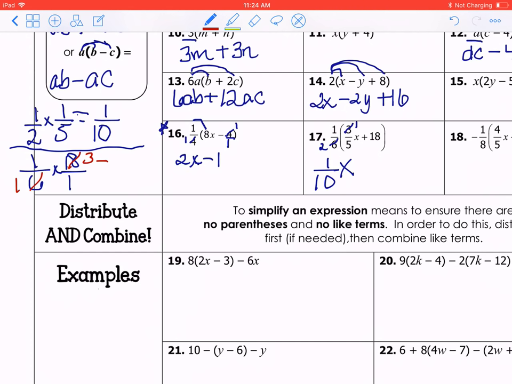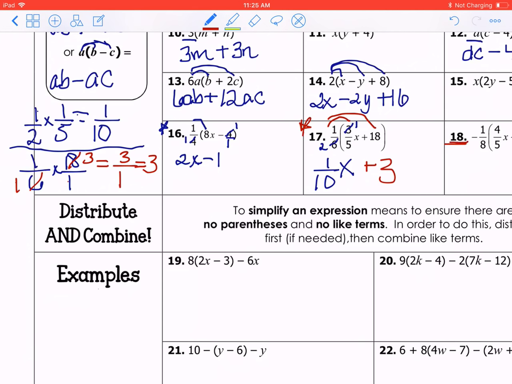And you're going to solve across. 1 times 3 is 3. 1 times 1 is 1, which equals 3. So this is going to give you a plus 3. So I distributed this by cross canceling. Again, if you need more work on 16 and 17, go ahead and try 18 and then I can help you out tomorrow.